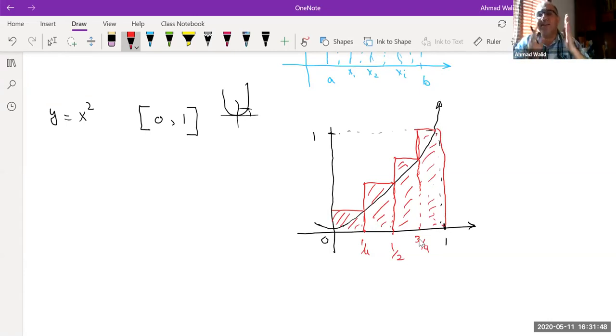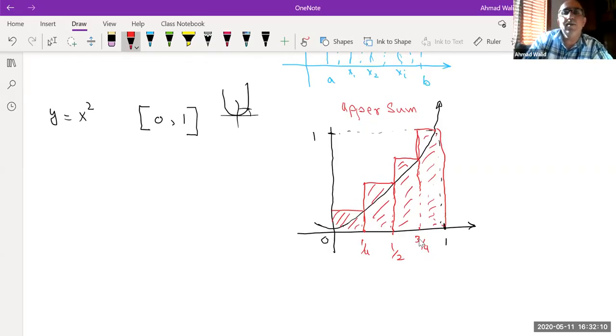I divide the distance from 0 to 1 into 4 equal pieces. First I want to use the upper sum, that's why I connect the right end to the left end. And I want to calculate these areas.